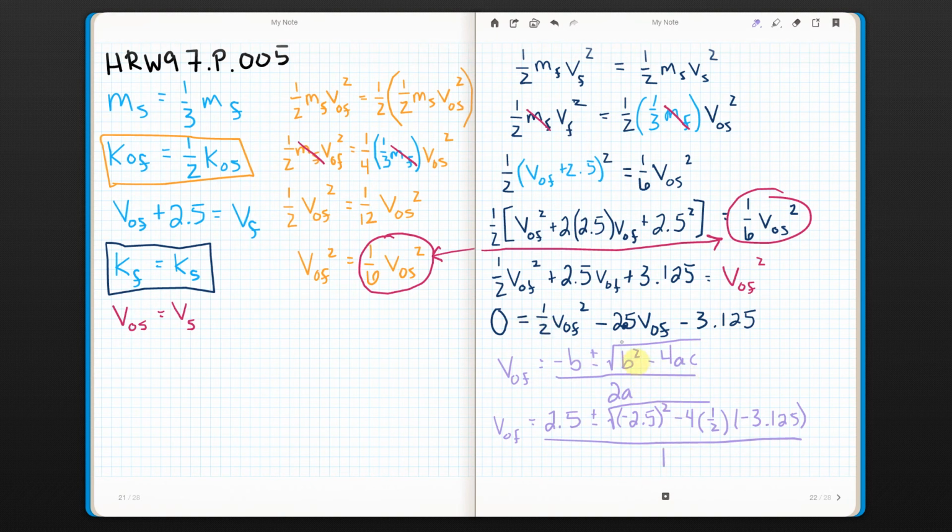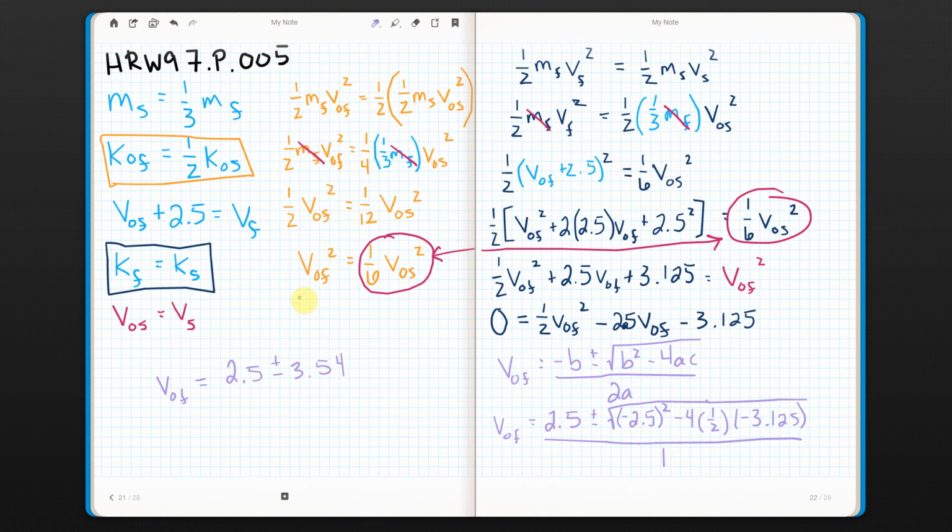So, there you go. I put this in my calculator, and I'm just going to scooch over here for a moment. Sorry. What I end up with is 2.5 plus or minus 3.54 over 1.